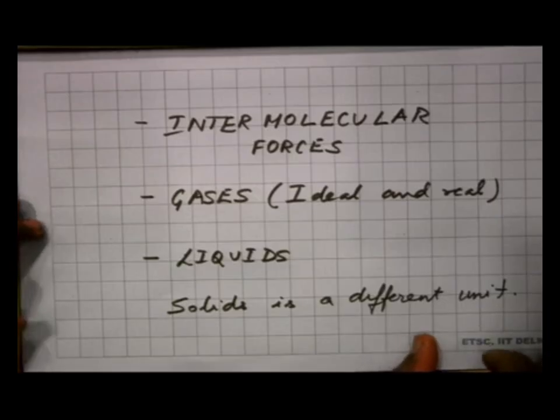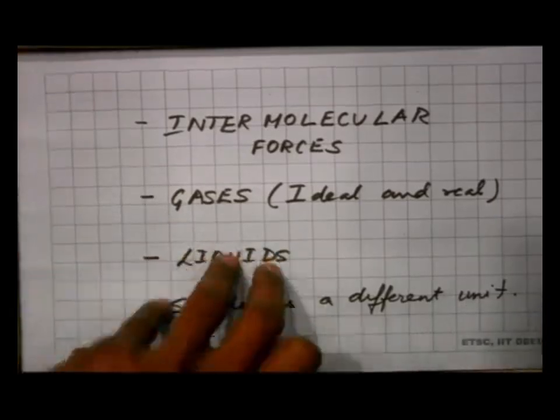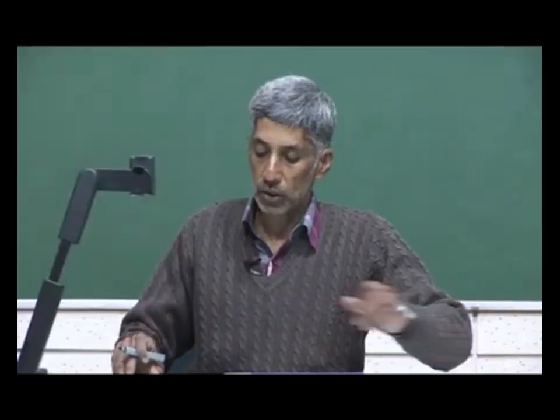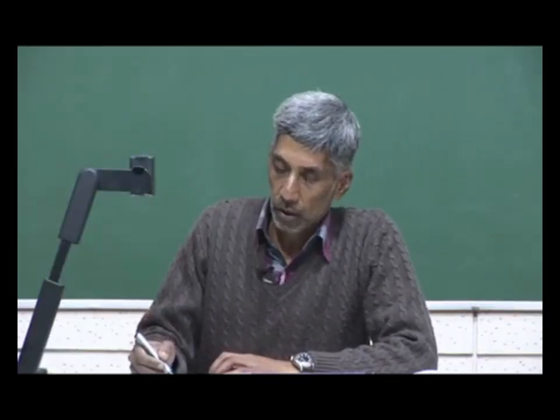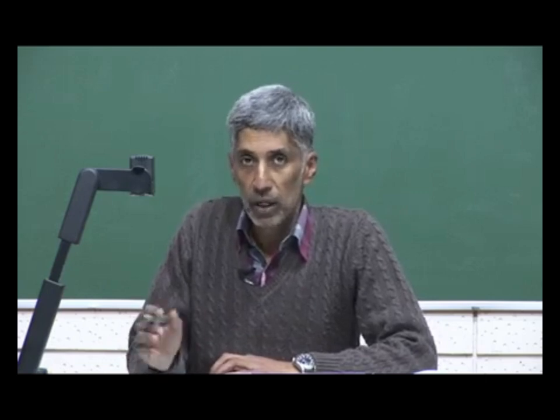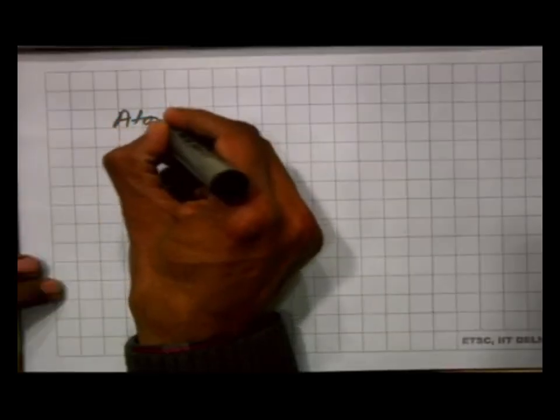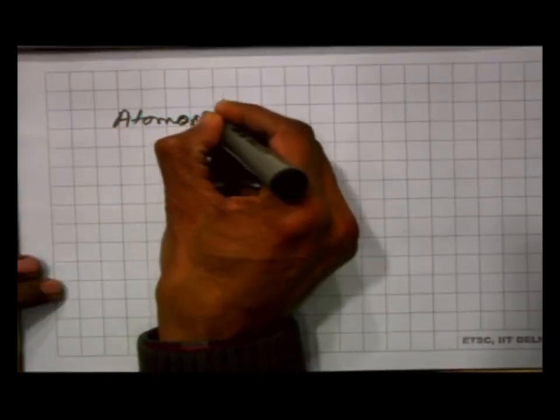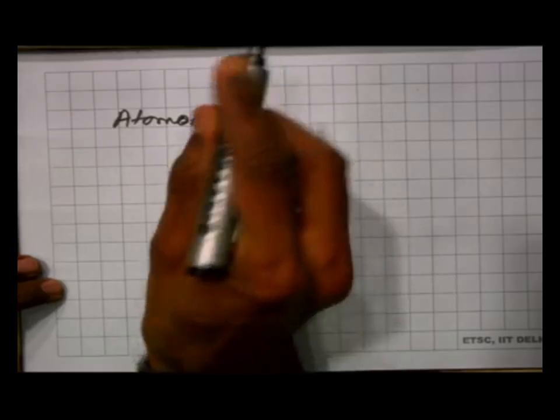We start off by looking at some things around us. So, if you look at things around us, what do we see? The first thing that we see is that we live in a blanket of the atmosphere.